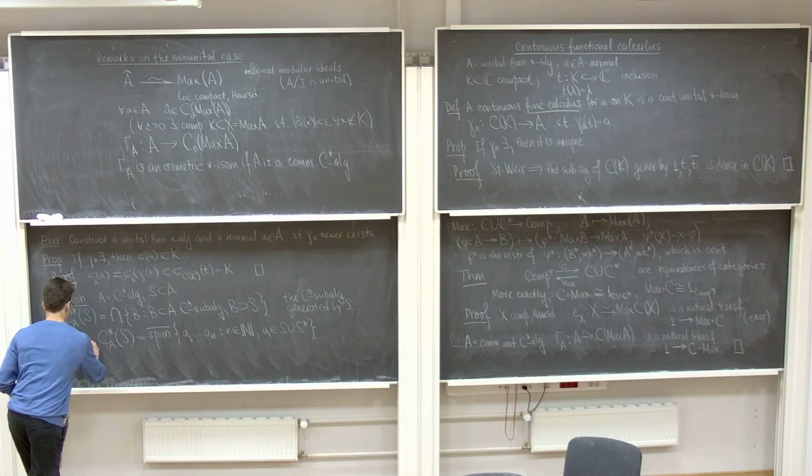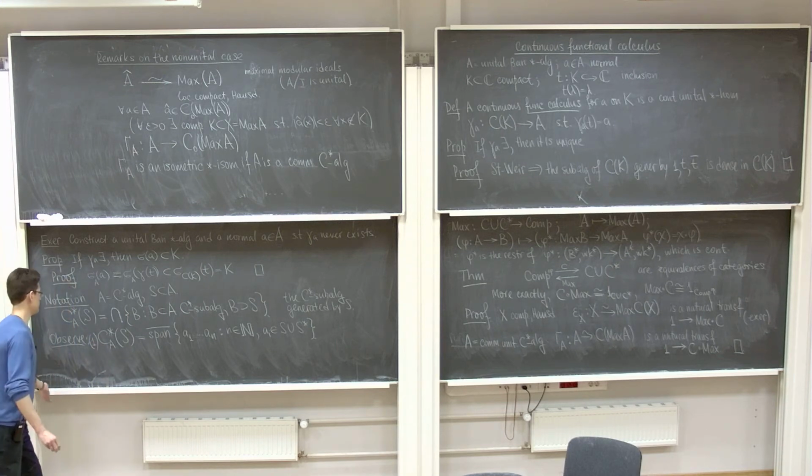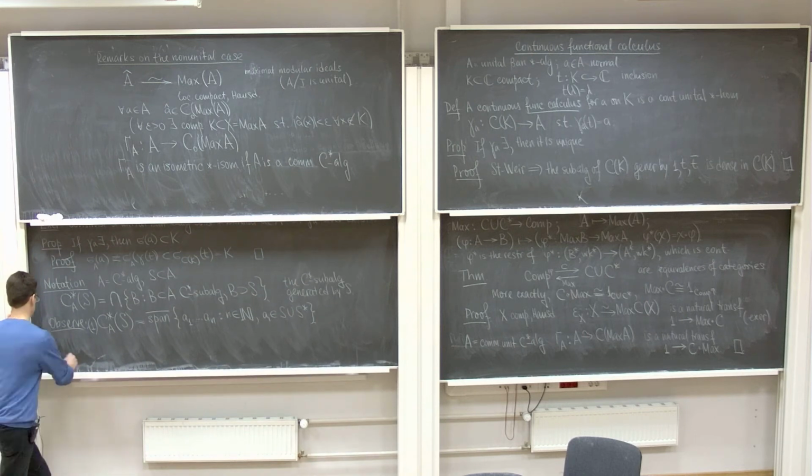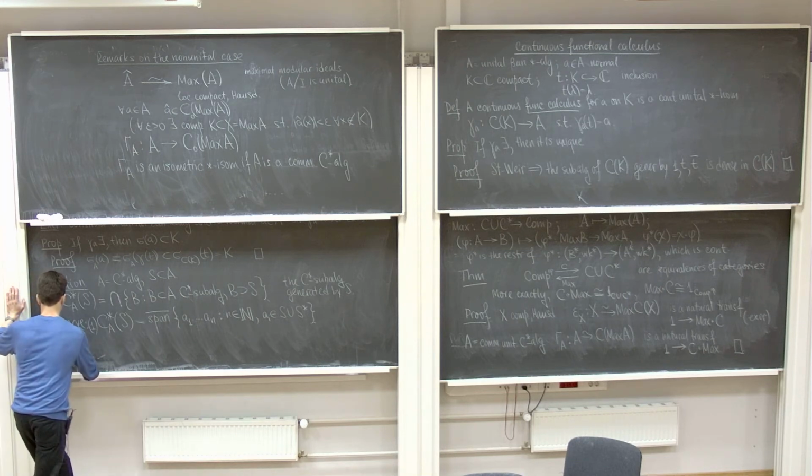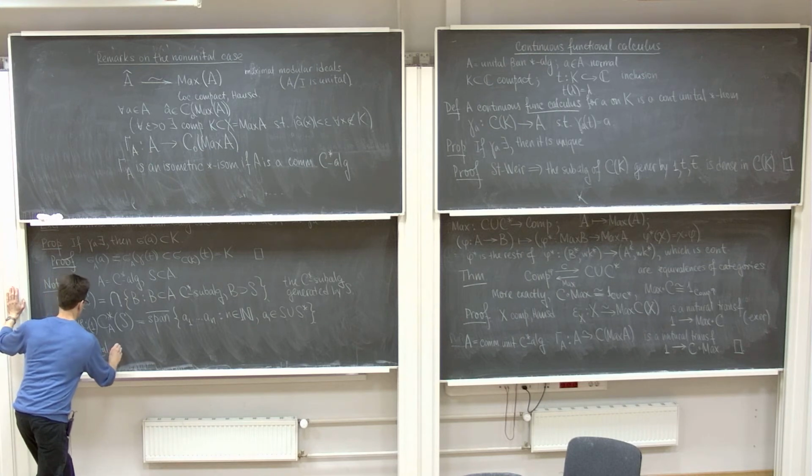So this is the first observation. Let's now look at a special case. Suppose that A is unital, and little a is a normal element.